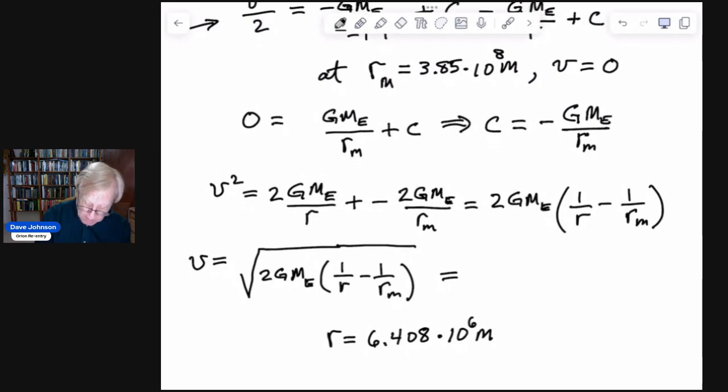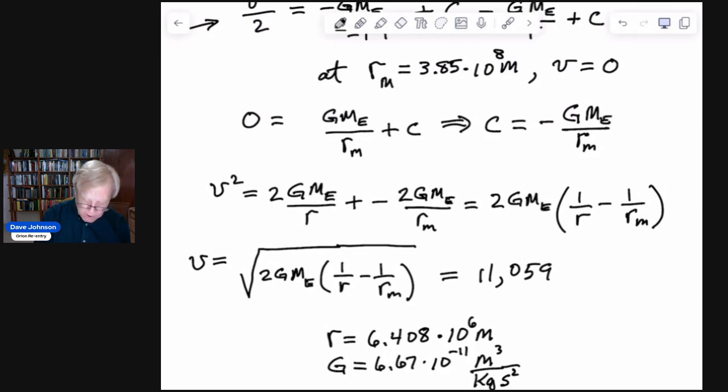And if you plug those numbers in, and using the expression for G, which I probably should tell you, G is equal to 6.67 times 10 to the negative 11 meters cubed divided by kilogram second squared. And if you plug all those numbers in, you get 11,059 meters per second, which ends up being about 24,737 miles per hour.